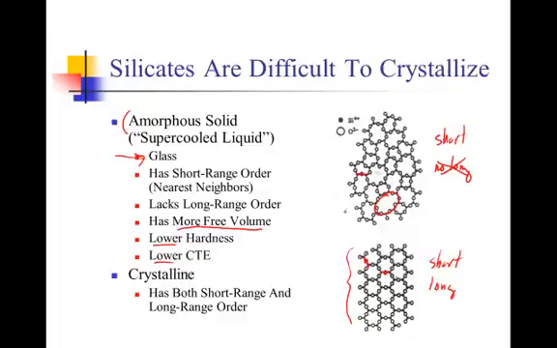Some people have difficulty with the concept of short and long range order, so I'd like to give you another way to think about it, something from common experience. You can imagine the case of long range order for the crystal being like an apartment complex. Each apartment has another apartment like it to the left and to the right and across the hall.